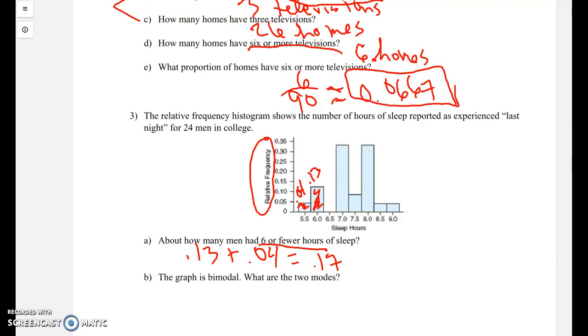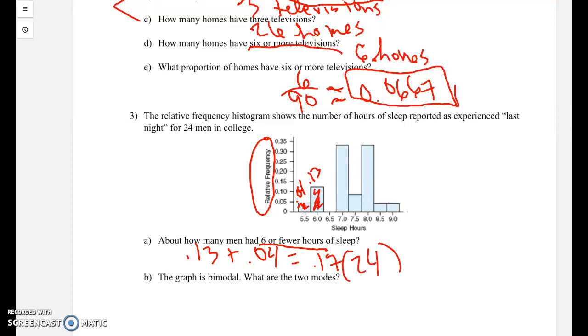Now, that's not the answer, because what I'm looking for is how many men had 6 or fewer. So what do you think I'm going to do with that 0.17? I'm going to take that 0.17 and multiply it by the 24.